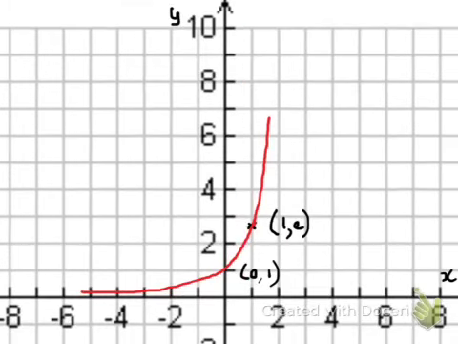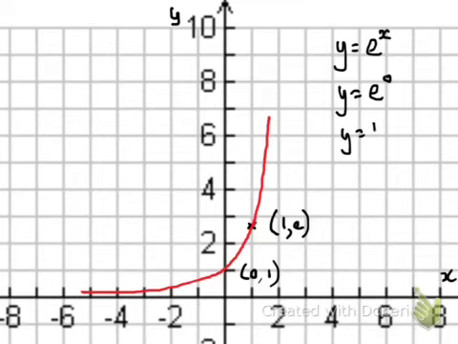Alright, third one, and I haven't written this down, but this is y equals e to the power of x, and as I said, this is the most common exponential function we use in this course. Can't rule out other bases, but e to the power of x is pretty important. Once again, if x was 0, you get e to the power of 0, so y would equal 1, and you get that point there, 0, 1.